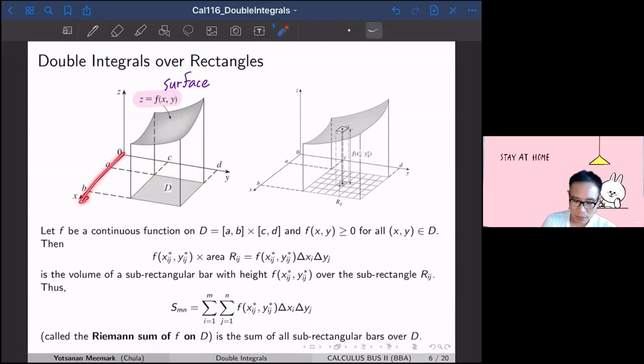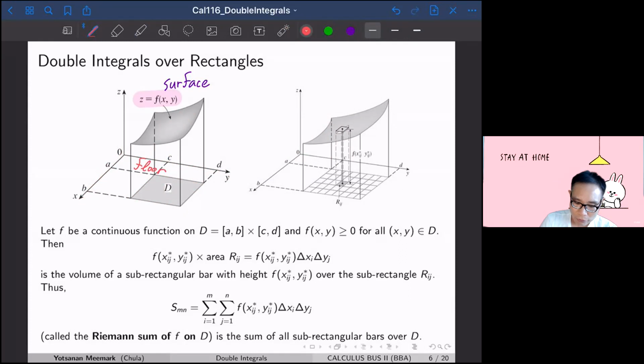So you have the xy plane, and if you just think about this as a floor, with the surface up there, the question turns out to be, how could we find the volume of this solid?